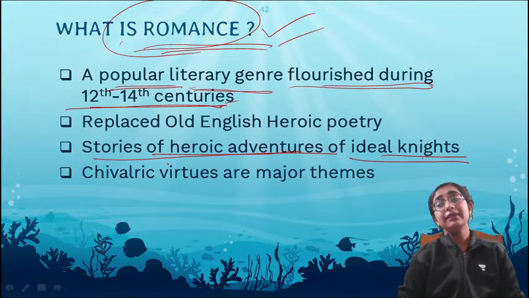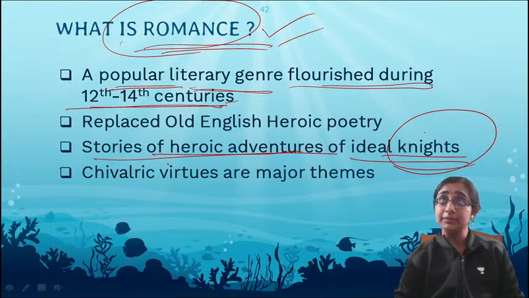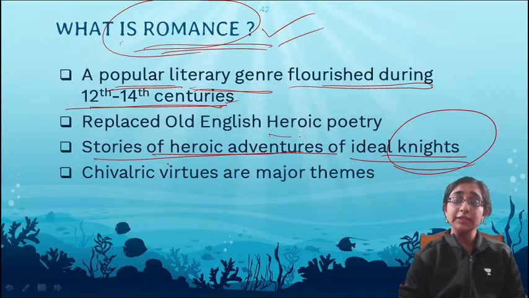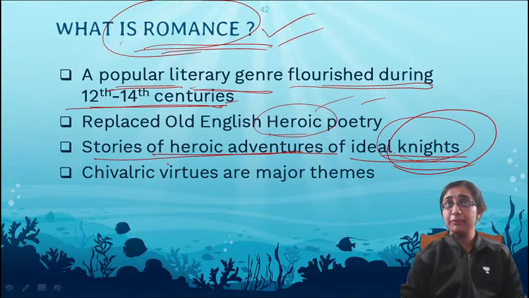Okay. So in metrical romance, knights are the most important figures. As you have seen in Anglo-Saxon poetry, legendary heroes like Beowulf were important. In the same way, in metrical romance, the knights were the most important characters.